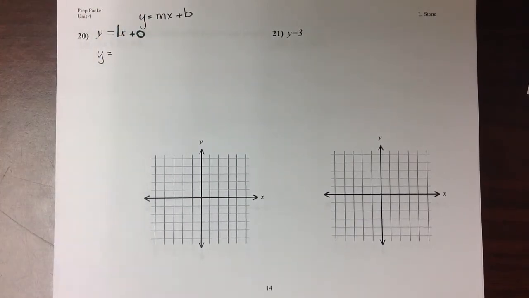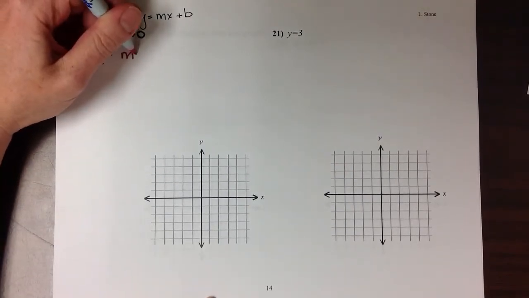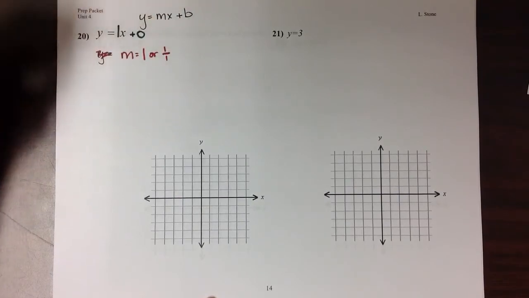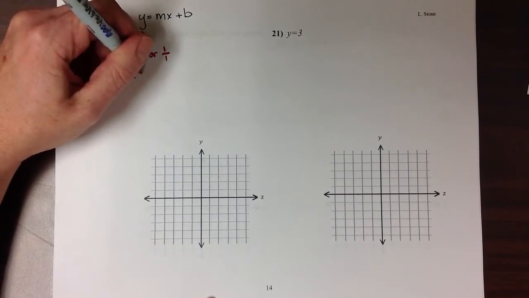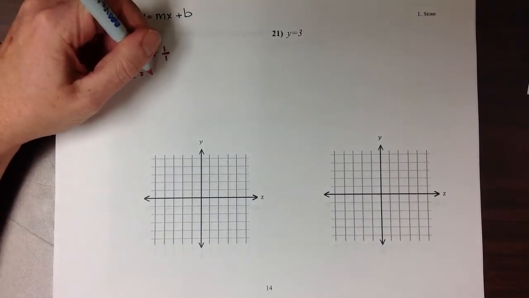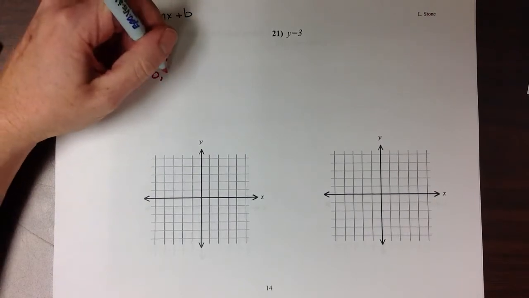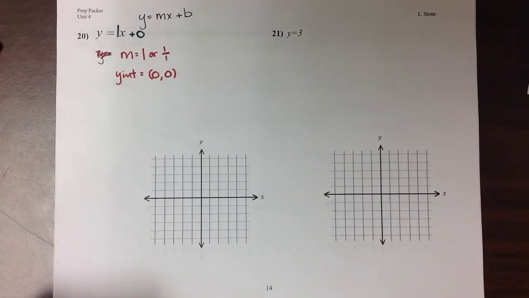So that means that my slope, my m, is 1, or 1 over 1, if you prefer, and my y-intercept is the point (0, 0), and since my b value is 0, it's going to be at the origin.